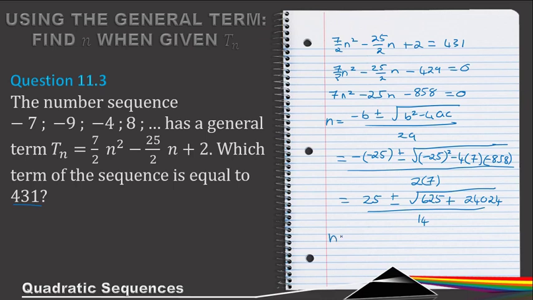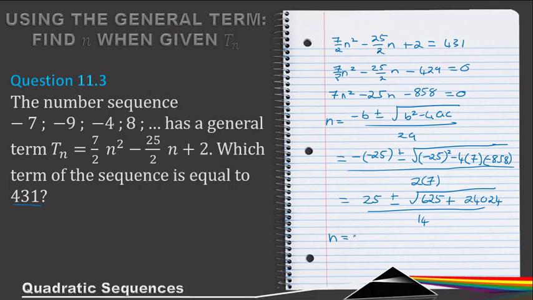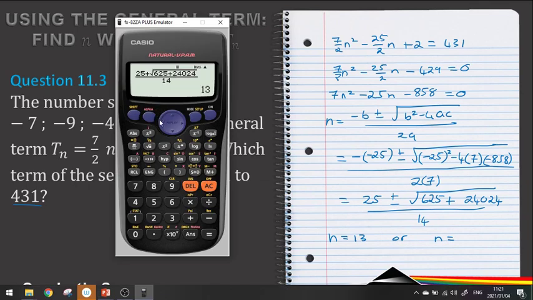Okay, so n is then equal to 13, or n is equal to negative 66 over 7.